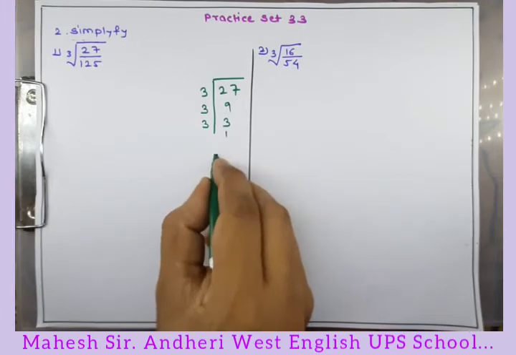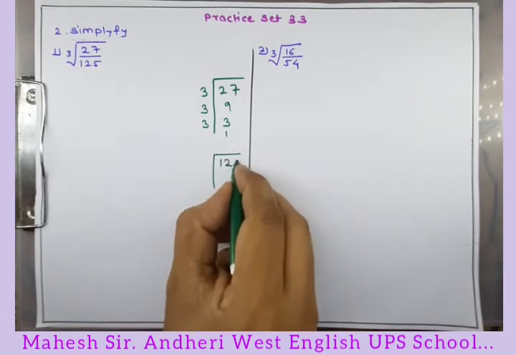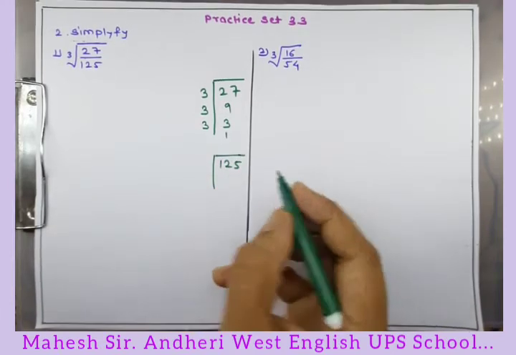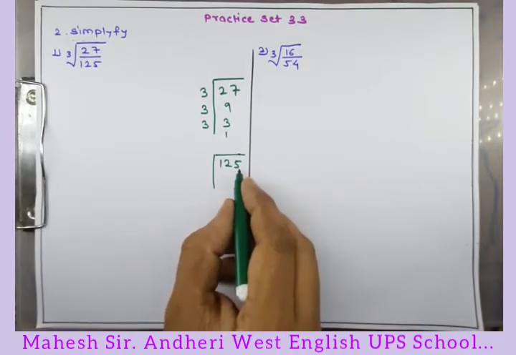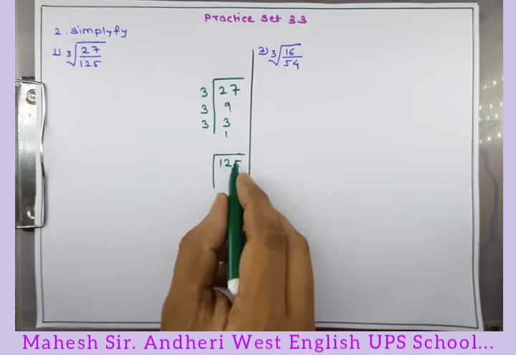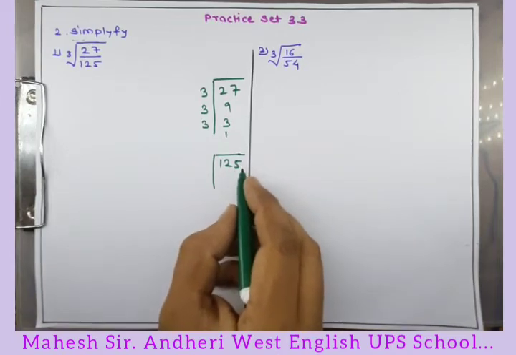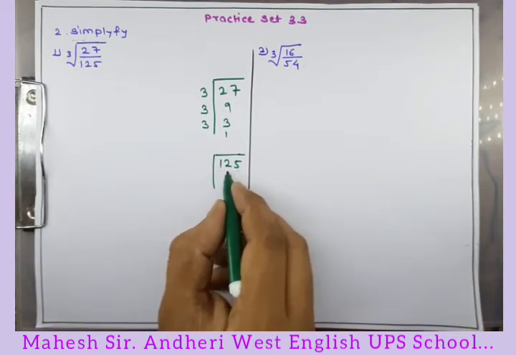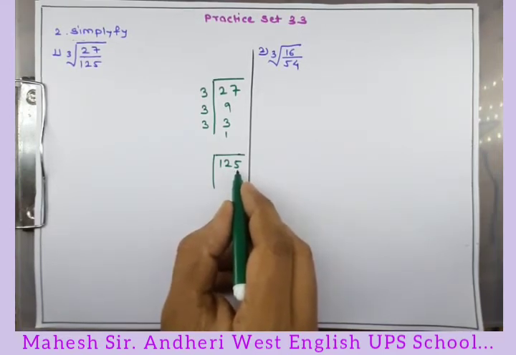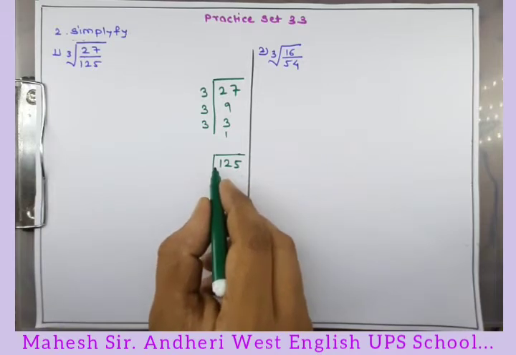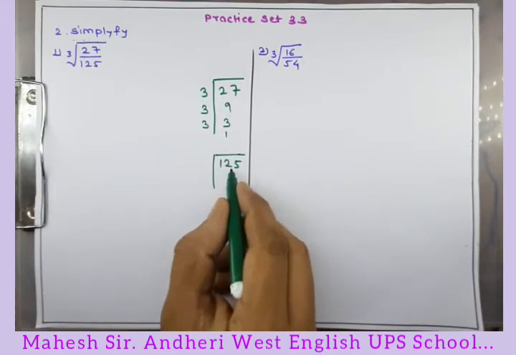So these are the factors of the number 27. Next we will find out the factors of the number 125, right? So here 125 is there. It is not divisible by 2 because at the ending place an odd number is there. Then we will add all the digits: 1 plus 2 is 3, 3 plus 5 is 8, and 8 is not divisible by 3, therefore it will not come in the table of 3.